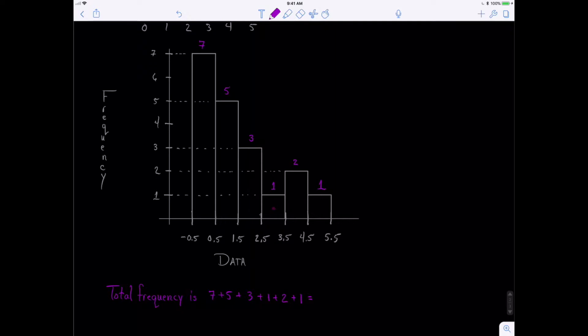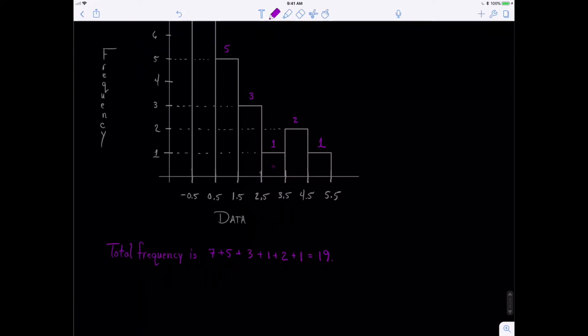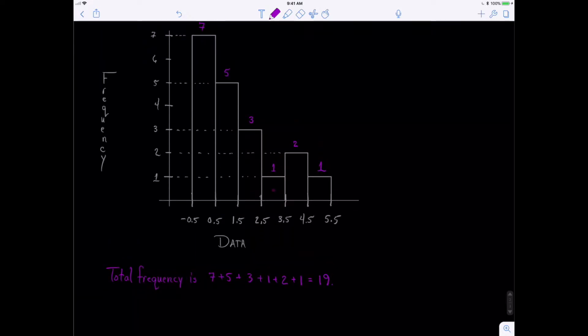7 plus 5 is 12, plus 3 more, that's 15. 1 more is 16. 2 more is 18. 1 more is 19. So I have 19 data units in this histogram. First off, our class boundaries indicate that we're going to have zeros in the first bin.